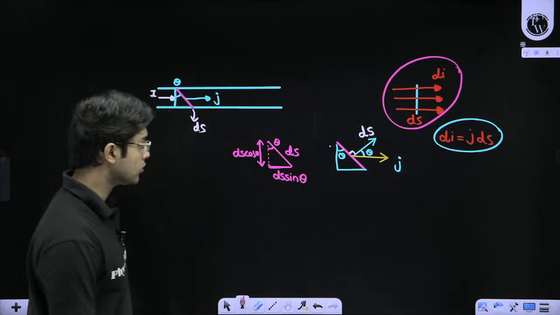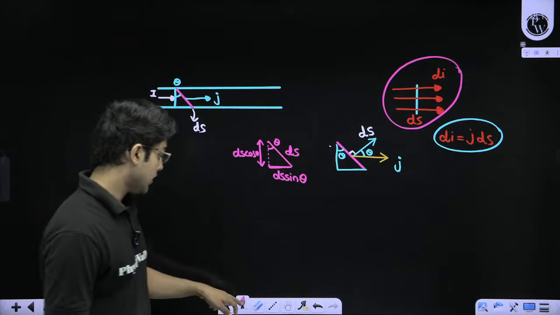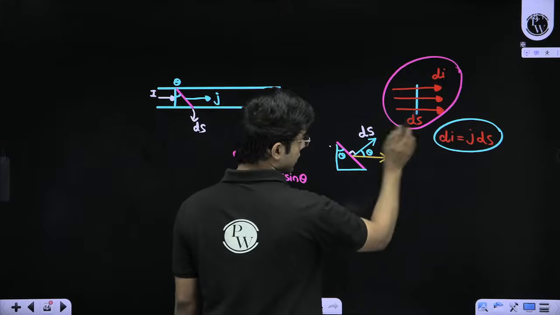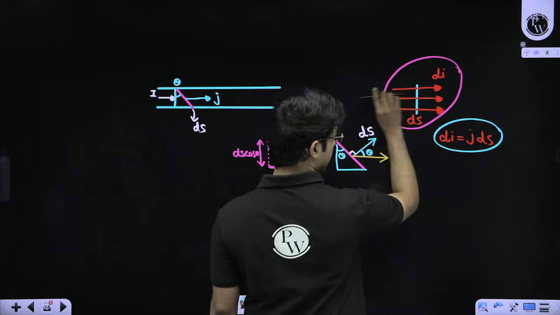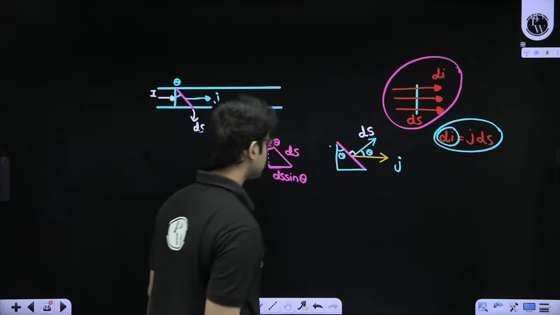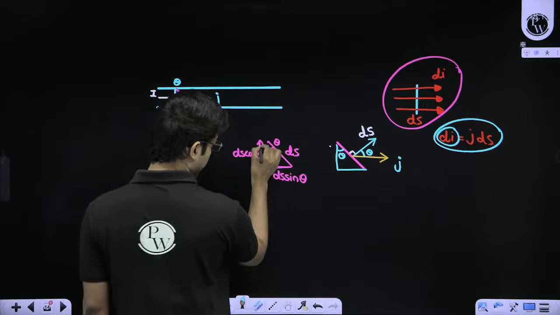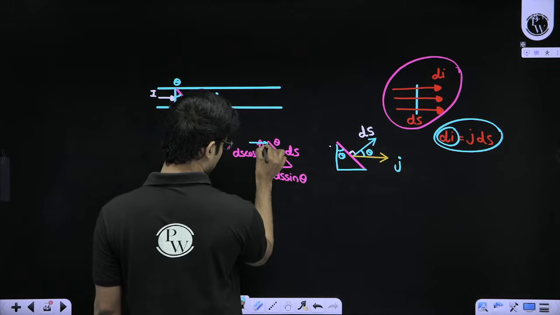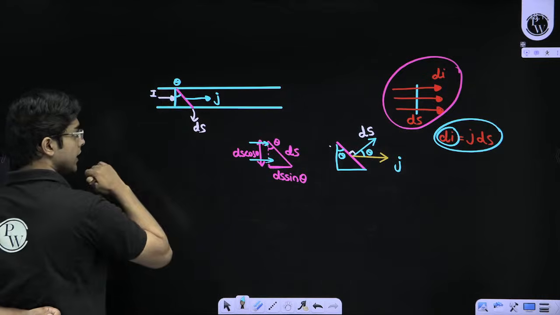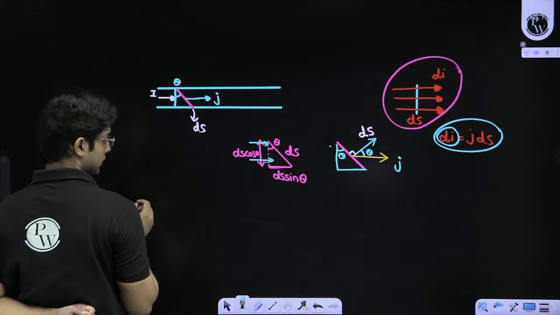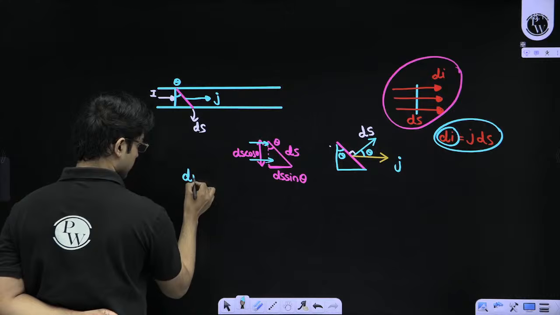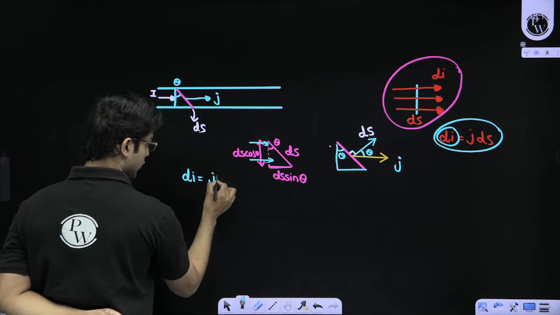Now what is the original relation? If current cuts area perpendicularly, then I can write di as J into ds. My current will cut this ds cos theta perpendicularly, so when we have an area at an angle to the current, I can write the current as J into ds cos theta.